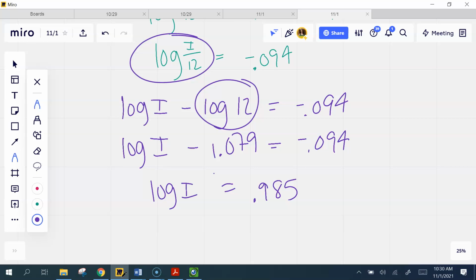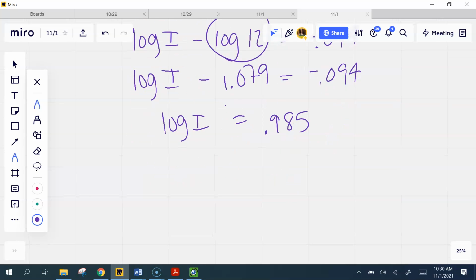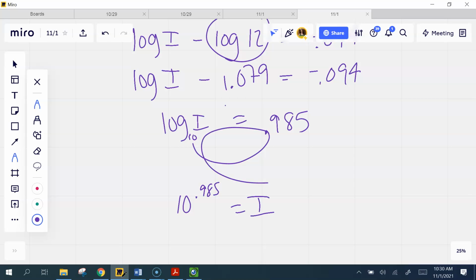And this is touching a little bit on what we'll do today, but how do I get I by itself here? What can I do? Change the form to exponential. What's the base? 10. It's not there, but it's 10. So 10 to the 0.985, and then whatever that comes out to be: 9.66.